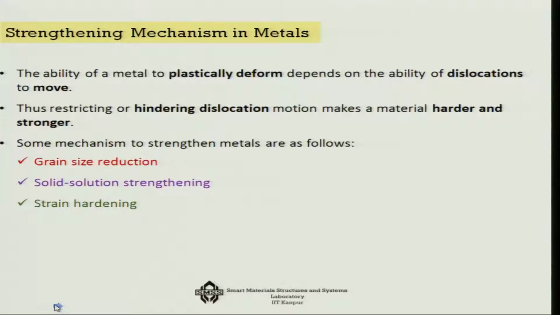Now, first of all, the strengthening mechanisms in metals. One thing we have already seen is that dislocations, if present in a metal, actually degrade the material properties.